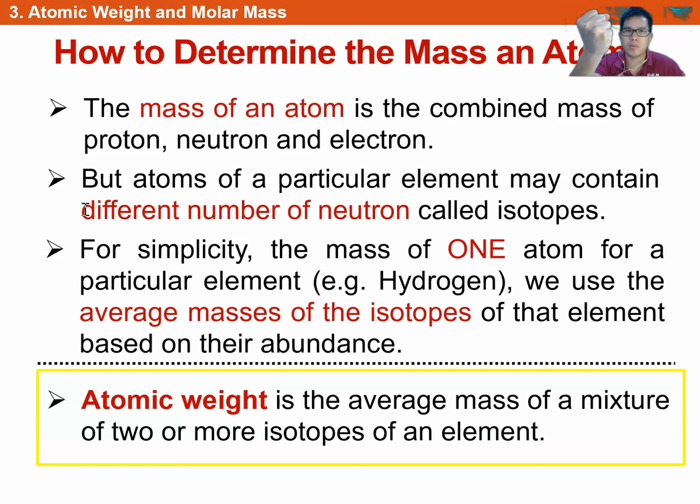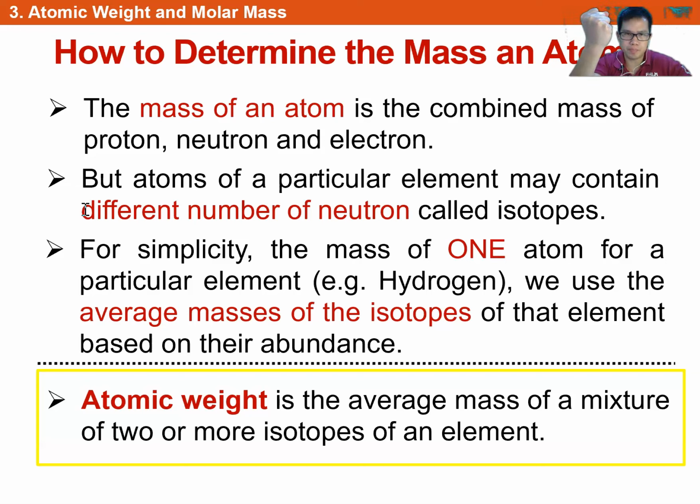Like for example, the one with no neutron, how many percent is that? Those with one neutron, how many percent, and so forth. And then once we know the percentage, we will average it out, and this will represent the mass of an atom.